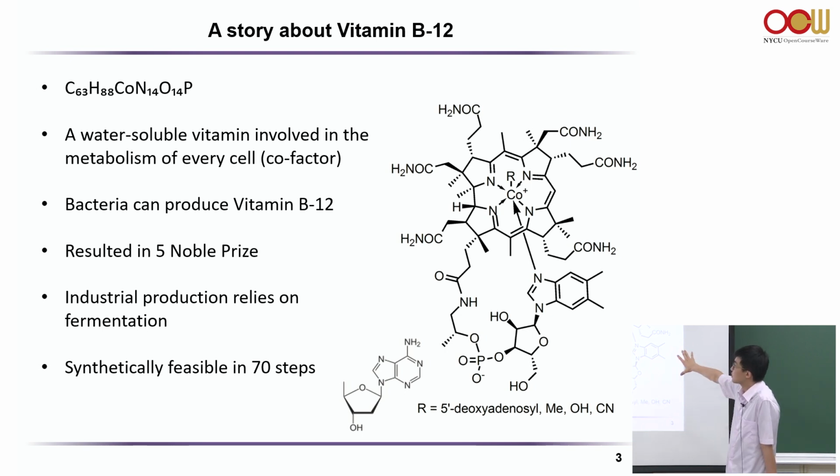This is synthetically feasible in 70 steps. When we are talking about multi-step synthesis, we have to think about yield. Theoretically, it is the ratio of the actual amount versus your theoretical amount. Assuming each step is 90%, after 2 steps you're at 80%, 3 steps 70%.